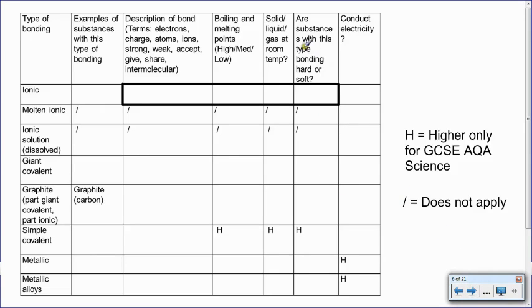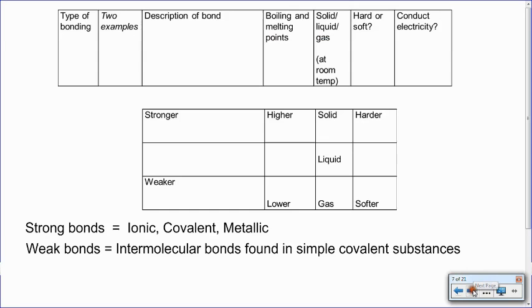So next of all, let's look at these. These are all linked here, so let's see why they're linked. If you're looking at the description of the bond, if it's one of the stronger bonds, these three, the substance will have higher boiling and melting points, and that is because it will require more energy to break the bonds, to turn the substance from a solid into a liquid, into a gas.